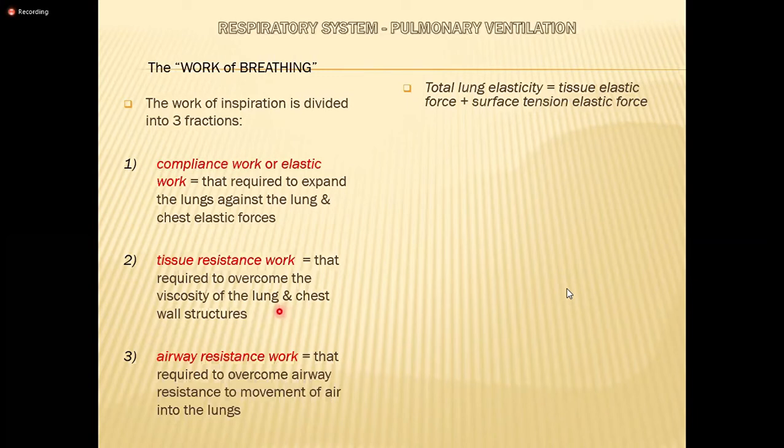There is mucus and then there is surfactant. Surfactant is the one that decreases the viscosity of the fluid on top of the alveolar wall. Your surfactant is made up mostly of lipids, mostly dipalmitoyl phosphatidylcholine.